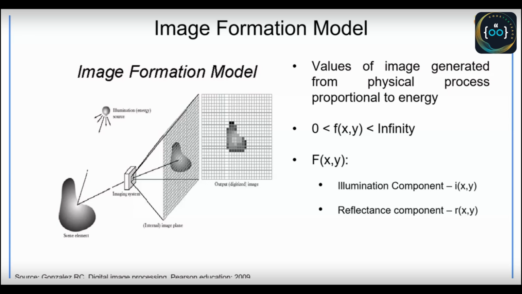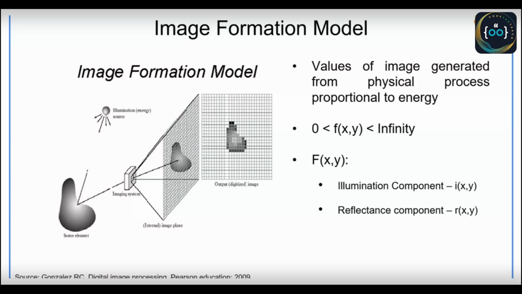The function f of x, y is characterized by two components: the illumination component i of x, y, which is nothing but the amount of illumination on the object, and the reflectance component r of x, y, which is basically the amount of illumination reflected by the object. f of x, y is equal to i of x, y into r of x, y.